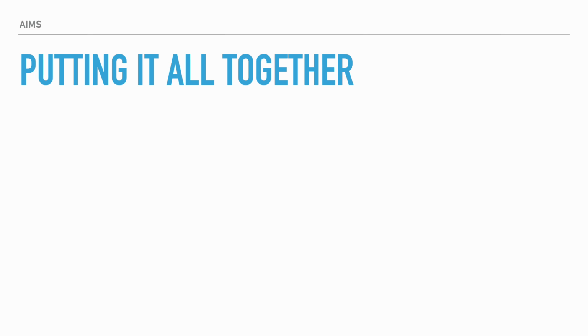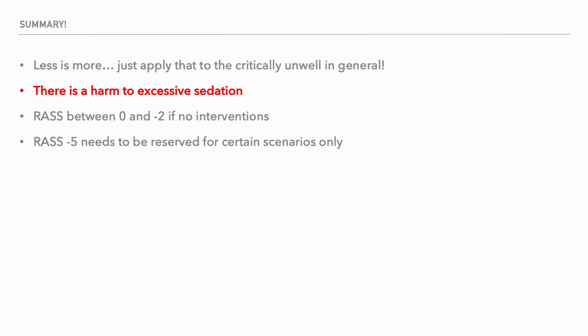So let's put it all together. In summary, with sedation, and to be honest, like all intensive care therapies, less is more. You want to tightly control the amount of sedation you're giving to the patient need at that time. There is a very real harm to excessive sedation in our patient, and that's why we need to be setting targets early to reduce sedation.